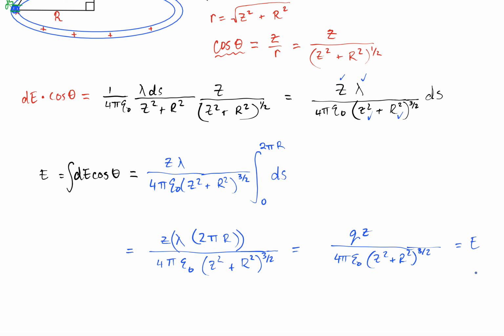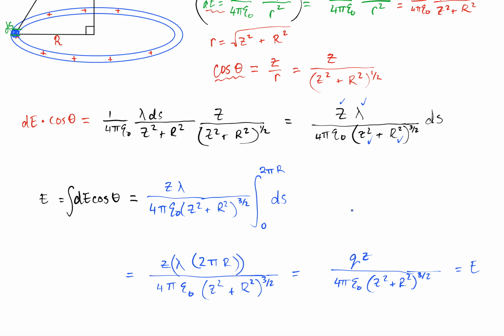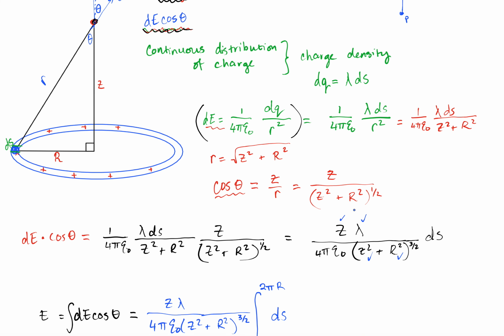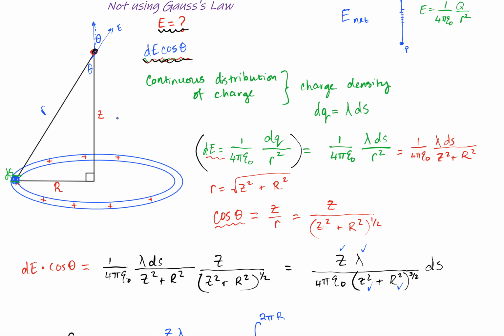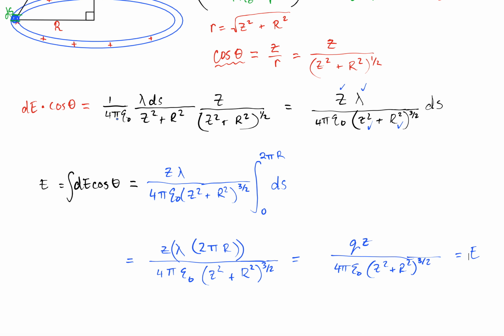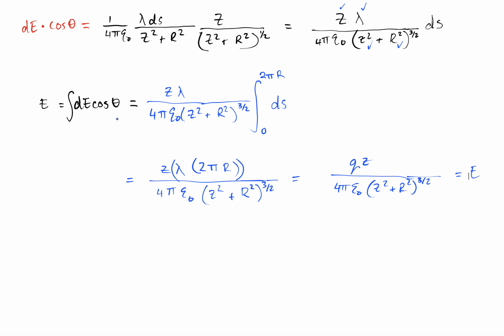Now, the last thing that I want to look at here is if z goes really, really far. As z goes to infinity, think about it as this angle becomes really, really small. And eventually, it's the same thing as just looking at it as a point charge. So if you think about z going to infinity, r goes to basically 0.